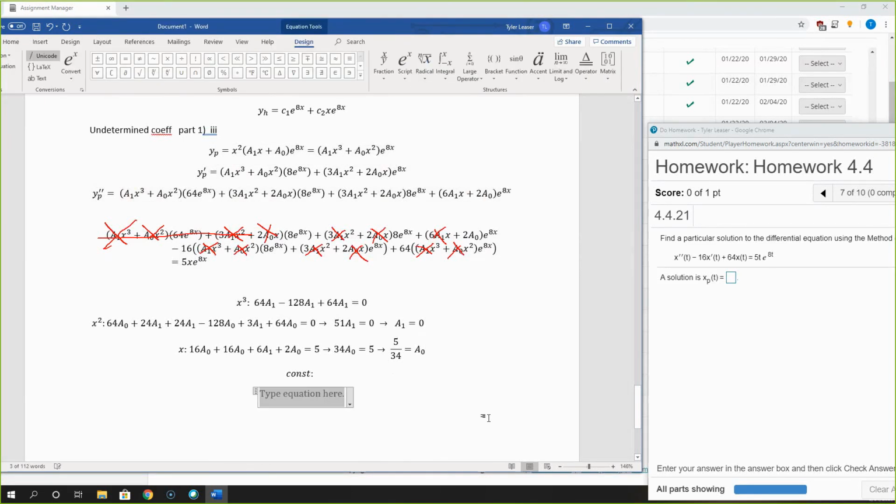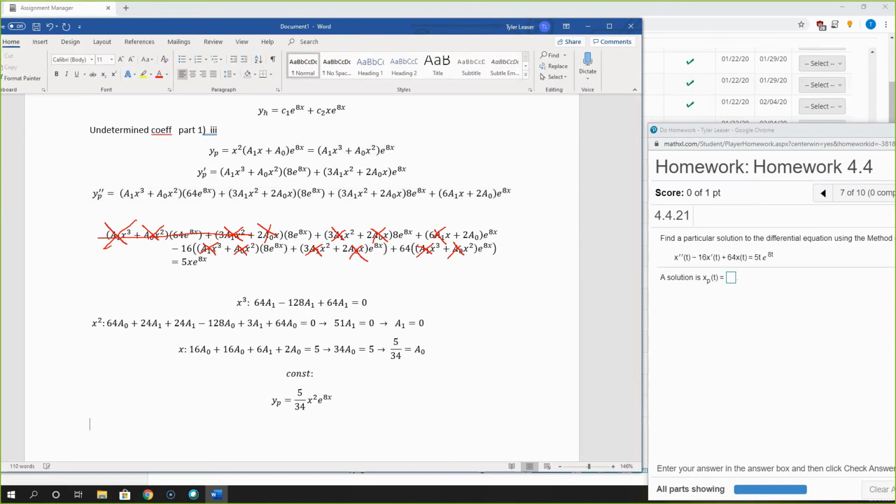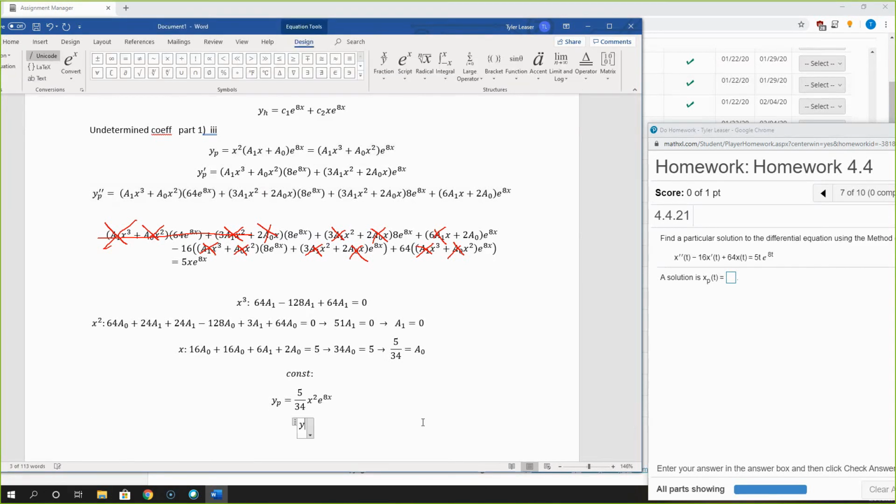But just to write it out now, that means that if I didn't make a mistake, my particular solution from here, the A1 is 0, so that's nothing. But then this A naught, that's the 5 over 34, x squared, e to the ax. So that's going to be my particular solution, plugging the A1 and the A naught back in up top here. And the final answer is combining these two things together.